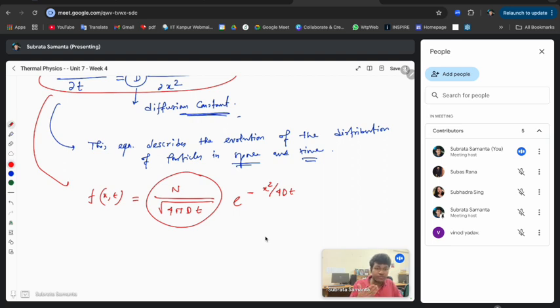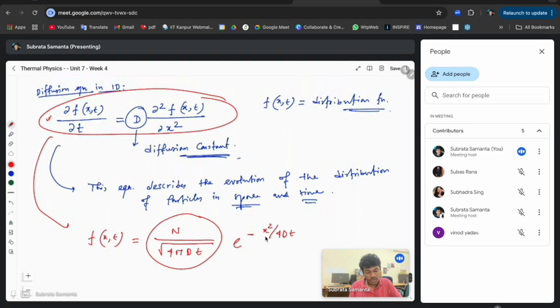So it's basically an exponential function of both x and t, but the power of x is square and of t is 1, because the equation is first order in time and second order in space.